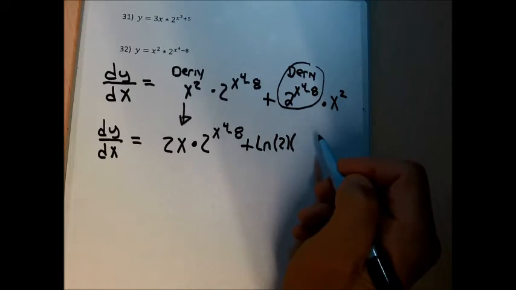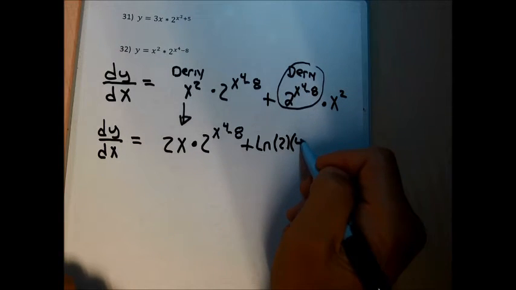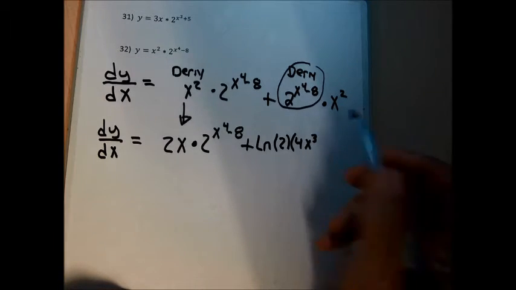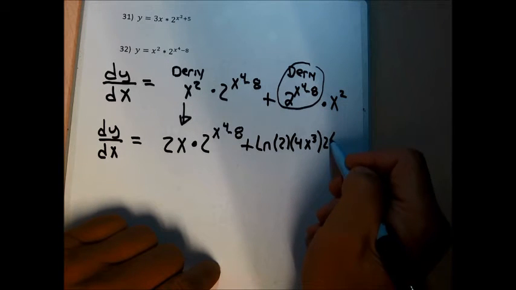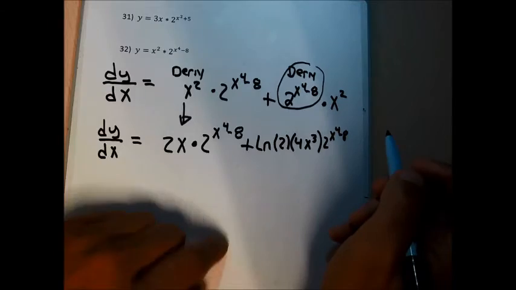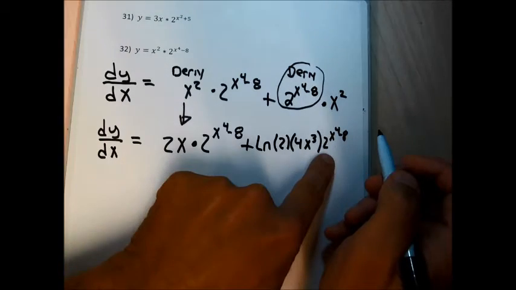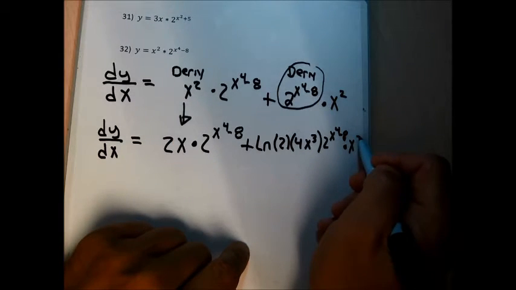And then the derivative of the exponent, the derivative of x to the 4th is 4x cubed. The derivative of minus 8 is 0. And then I add the 2 to the x to the 4th minus 8 to it. That continues, that derivative has 3 pieces. The natural log of the base, the derivative of the exponent, and then the original function. And then this piece didn't change. It needs to stay there.